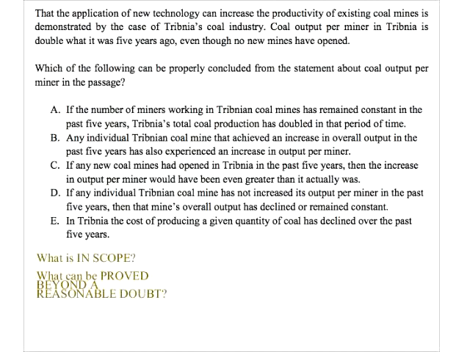Well, the scope of this passage is really not much. I mean, the first statement is just kind of a weird generality. It's not really telling us anything. So the only thing in here that's really a fact is that coal output per miner is twice as much as it was 5 years ago, even though there are not any new mines. So this is it.